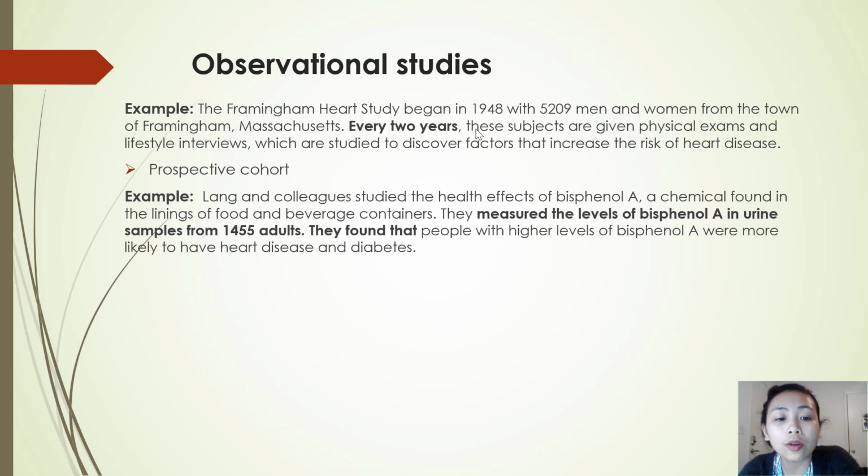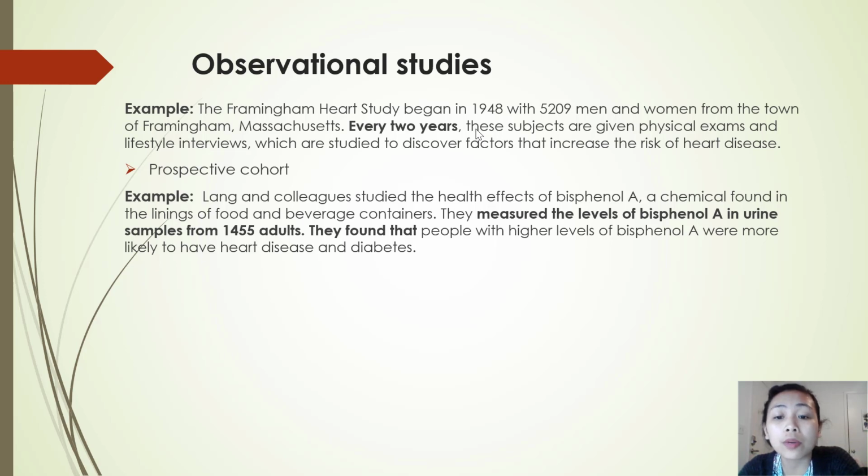The second example: Lang and colleagues studied the health effects of bisphenol A, a chemical found in linings of food and beverage containers. They measured the levels of bisphenol A in urine samples from 1455 adults.